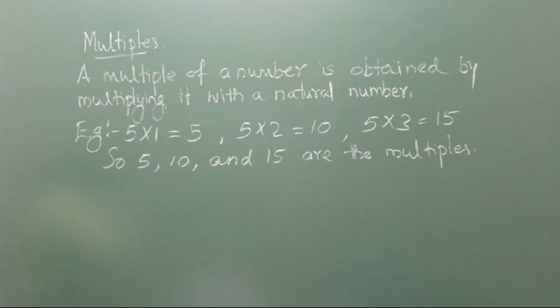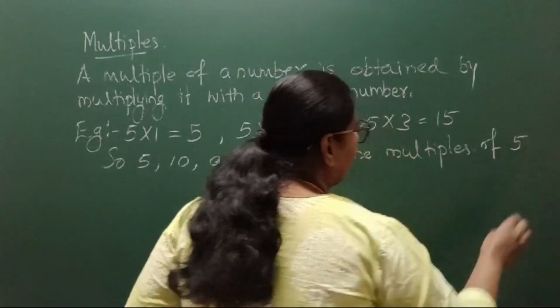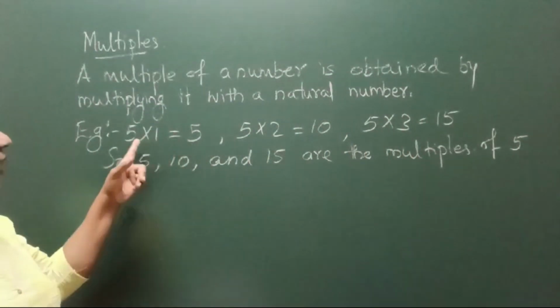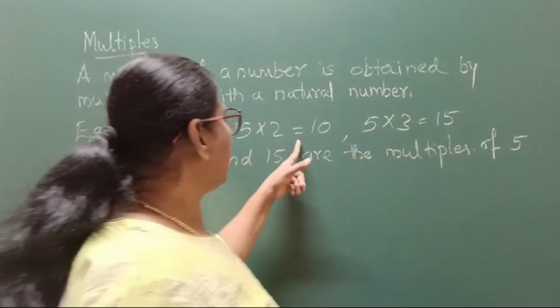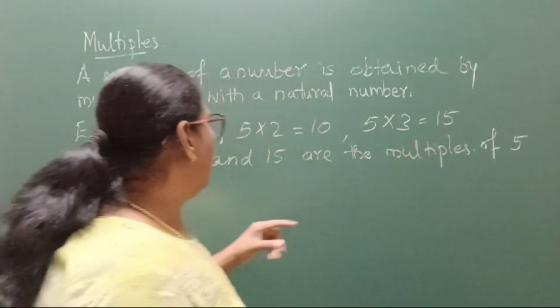5, 10 and 15 are the multiples of 5. Here number 5. 5 into 1 is equal to 5, 5 into 2 is equal to 10, 5 into 3 is equal to 15.